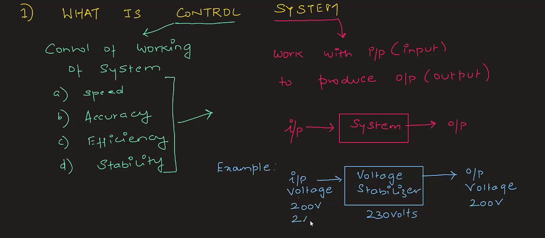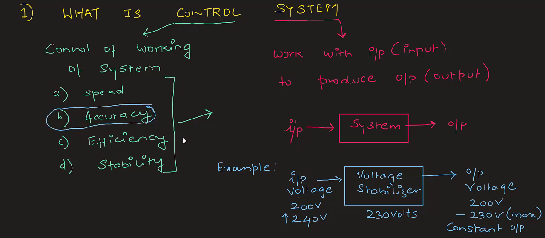Whatever your input voltage is, when it goes above 230, the voltage stabilizer brings it down to 230. The output of the stabilizer will be 230 for high voltage. The maximum voltage that comes out of the stabilizer will not be more than 230 volt, thereby protecting your equipment which is powered by this 230 volt.